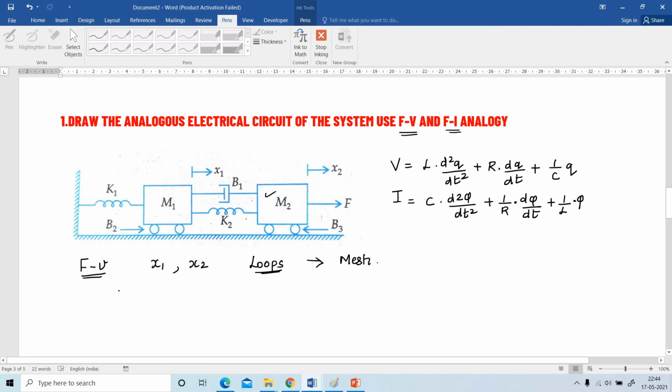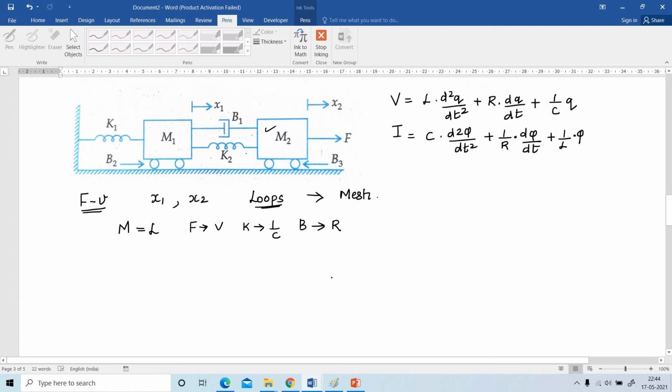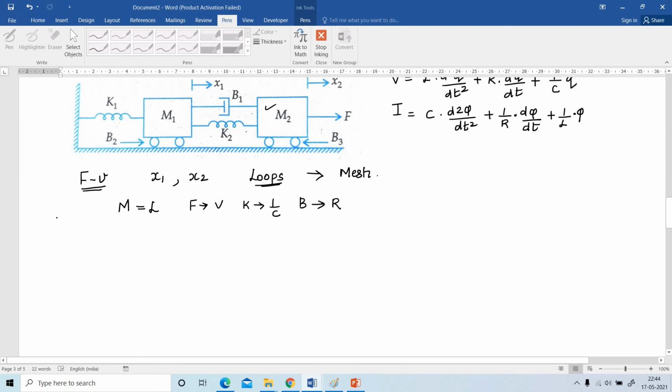Here for the force voltage analogy, m is equal to L, and the force is equal to voltage. K equal to 1 by C. B equal to R. So first of all, I am going to draw the first loop.